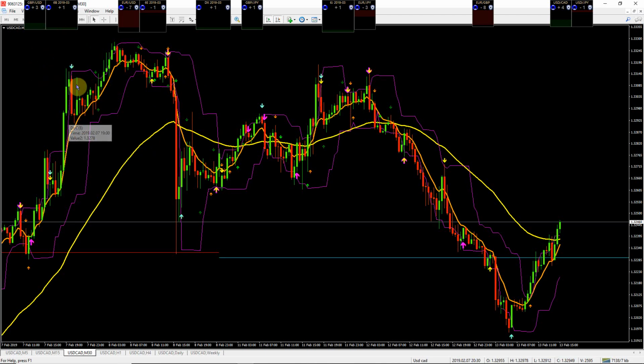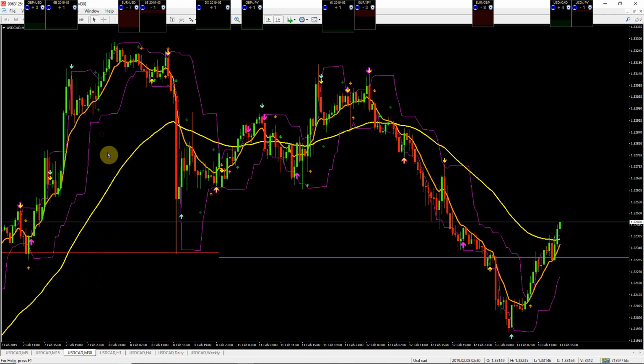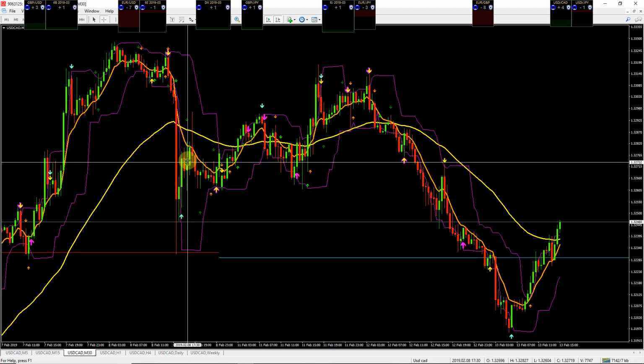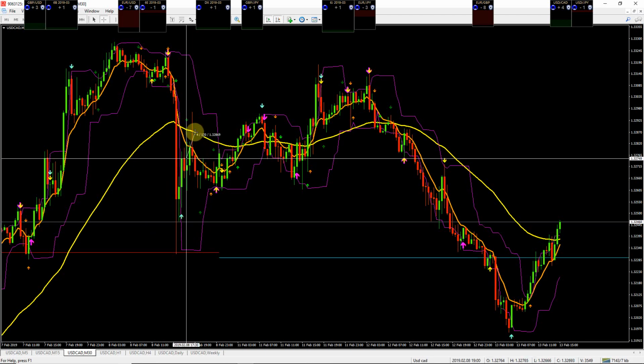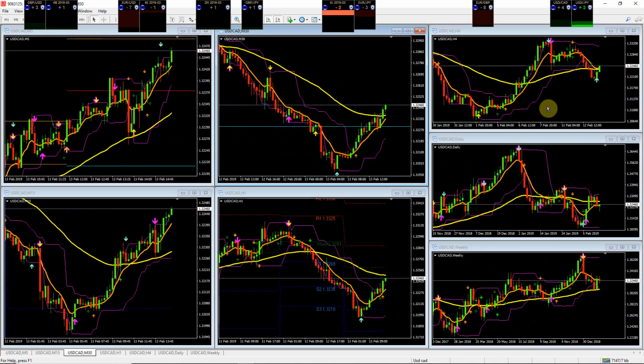What's this one? Total failure there. Failure there. The trend is pretty strong up though. This one obviously worked. Not many pips in it though. I don't really trade the CAD anymore, the dollar CAD, because the payout isn't that great on it.